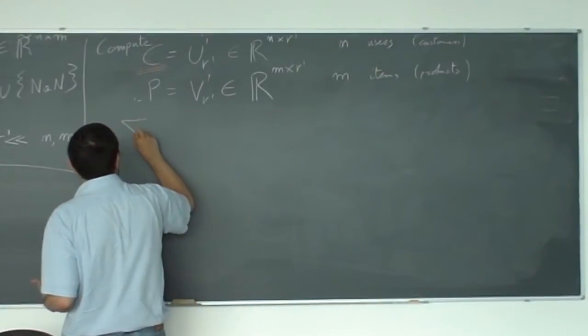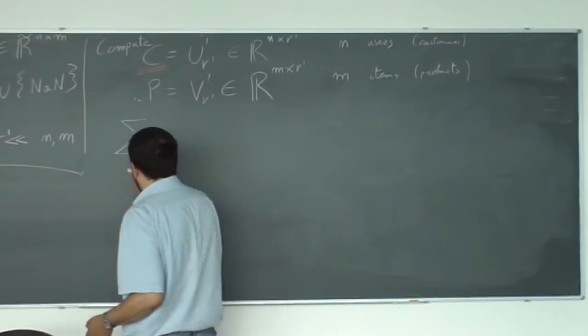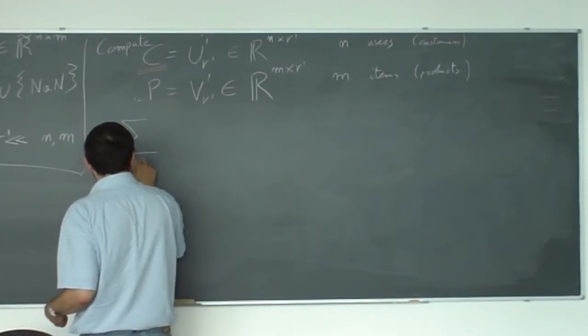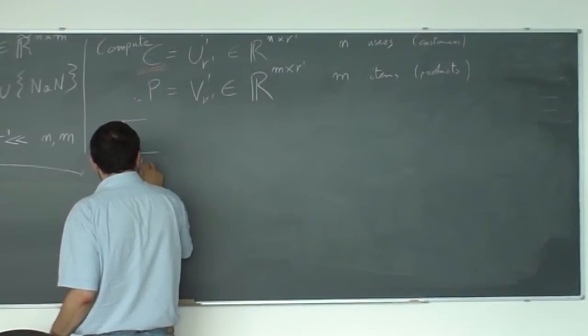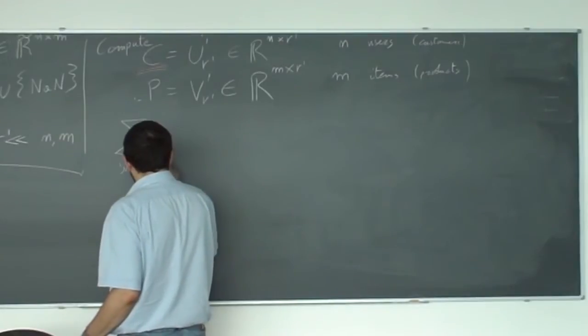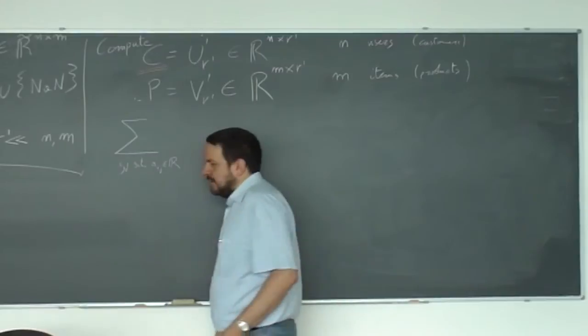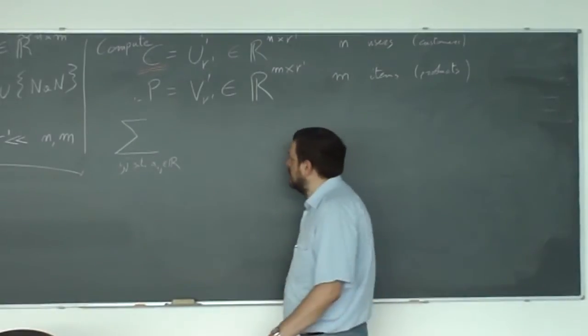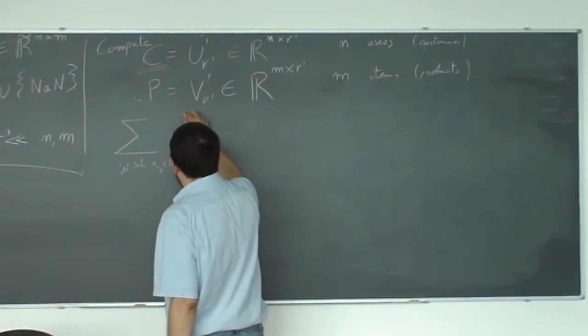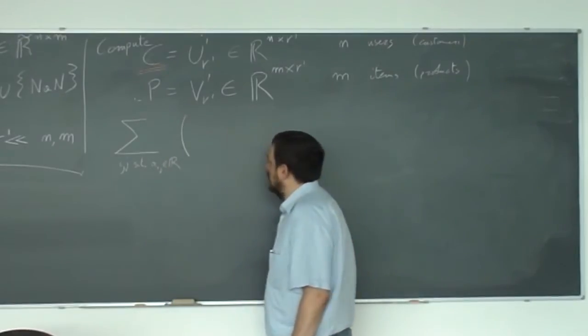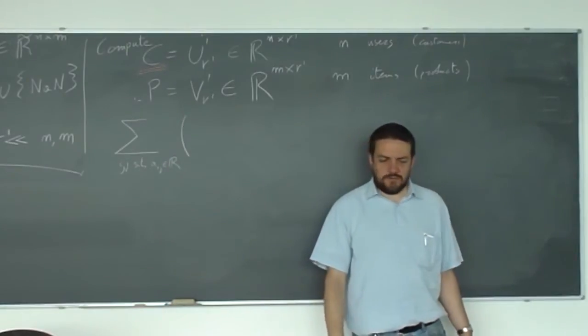I have this sum for all known values in the preference matrix, and here I want to sum the square of the error.